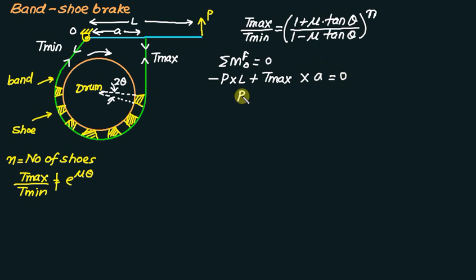So P multiplied by L, so P is equal to T max multiplied by A divided by L. So naturally this position of P, if we have it in a right downward direction, or the drum is rotating in the anti-clockwise direction, then P should be upward, and if it is rotating in a clockwise direction, then it should be downward. Then only the value of this will be less.